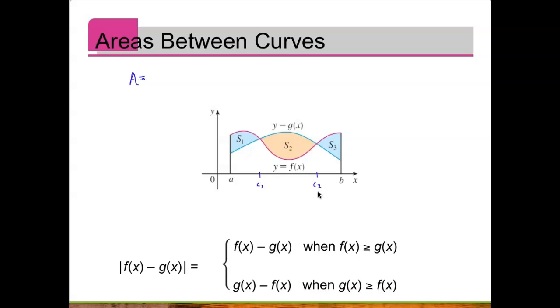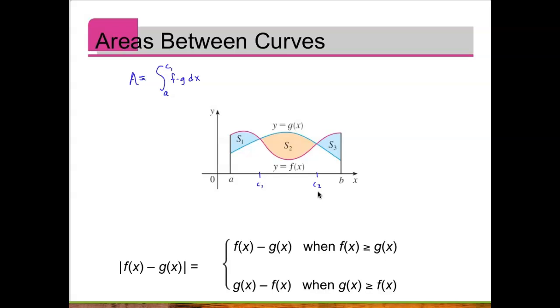What's my first integral going to be? Good. Integral A to C1. And what's the integrand? What am I integrating in that region? Yeah, so f is red, so it would be f minus g dx, right? Since f is on top there.